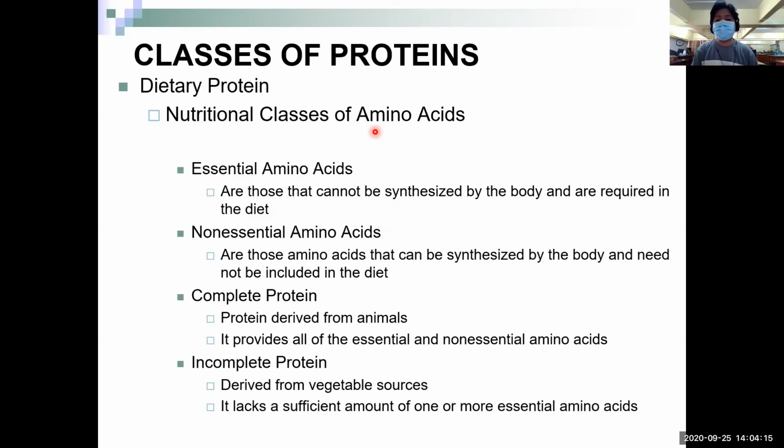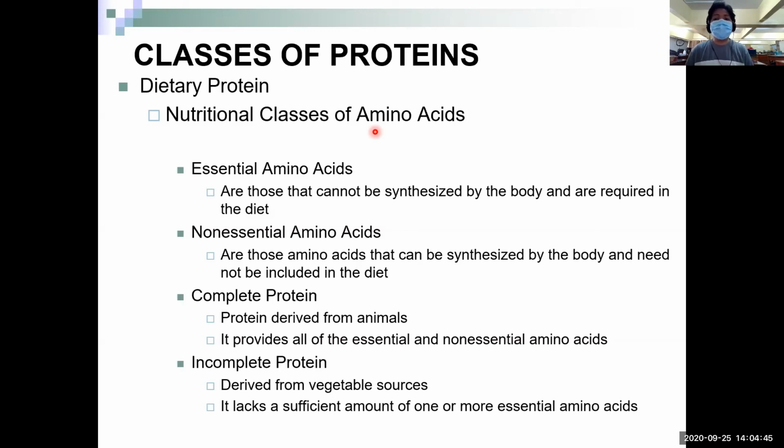While the non-essential amino acids naman, those are the amino acids that can be produced by our body. Complete proteins are derived from animals, and it provides all of the essential and non-essential amino acids. While the incomplete proteins naman are derived from vegetable sources.